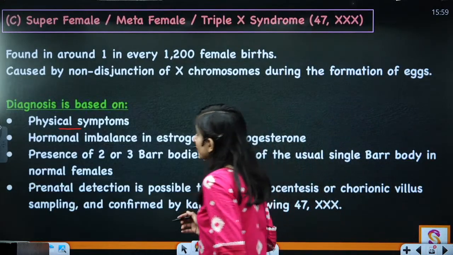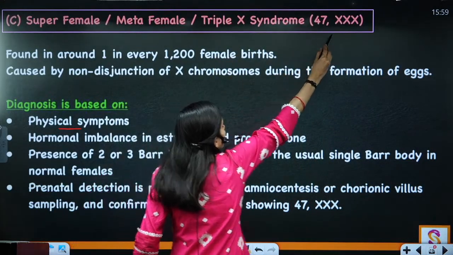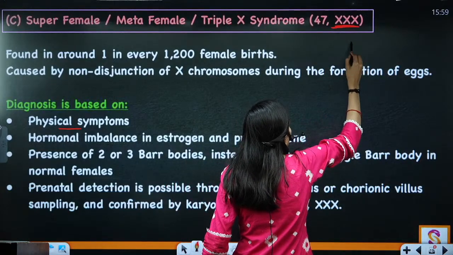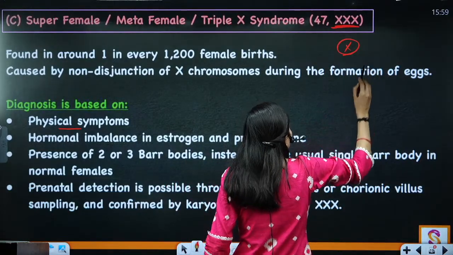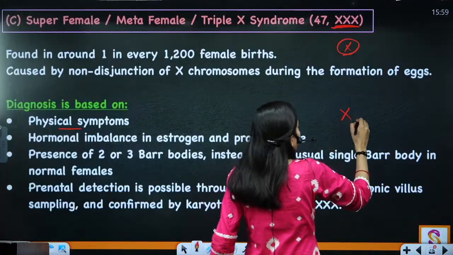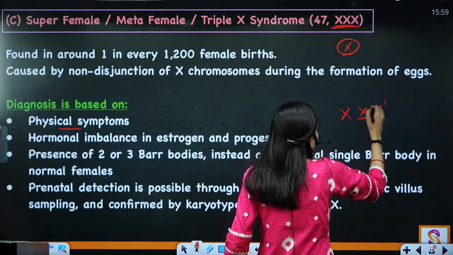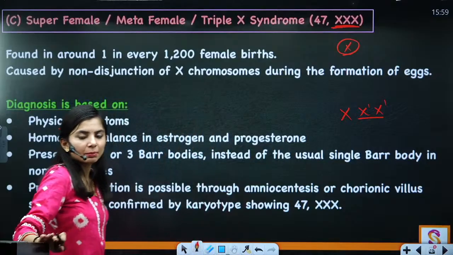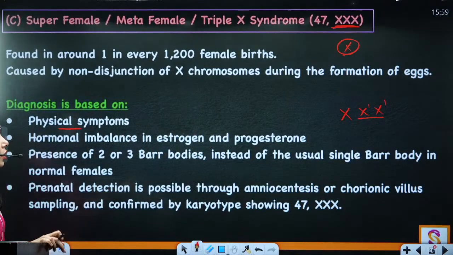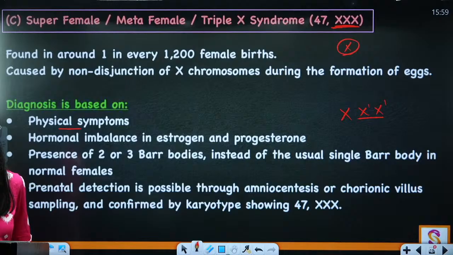Here what happens is, because they have 1 extra X, these X chromosomes are specified in terms of a Barr body. It means they may have more than 1 Barr body, sometimes 2 Barr bodies would be there.